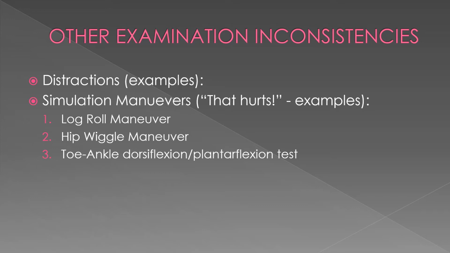With the log roll maneuver, we simply take the examinee, the supine lying examinee, and we take the entirety of the lower extremity in which the examinee is reporting radiculopathy, and we take the entirety of that lower extremity and we internally and externally rotate that lower extremity at the hip.